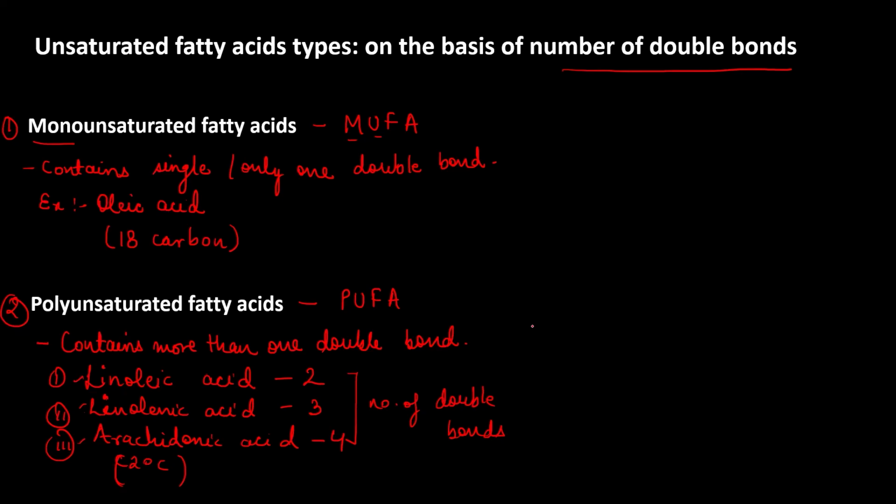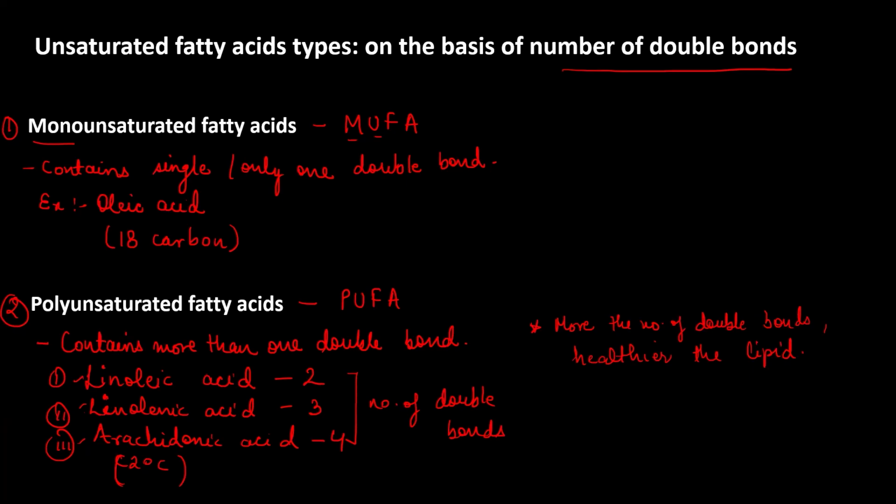The one important thing is that the more the number of double bonds, the higher the degree of unsaturation, right? So the more the number of double bonds, the healthier the fatty acid, the healthier the lipid. So it will be better to take the polyunsaturated fatty acids that have a high number of double bonds.